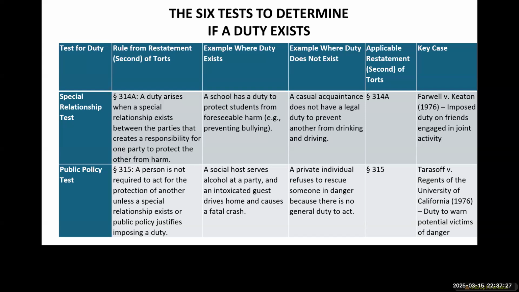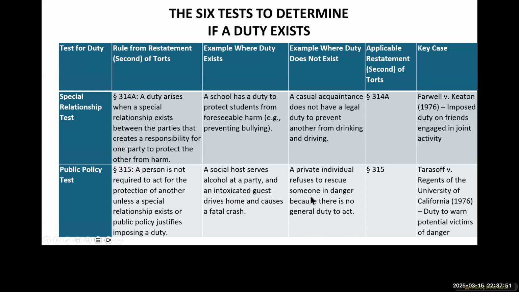But what's going on with public policy? One of the best examples for a public policy argument is the Kelly v. Gwinnell case. I actually put the Tarasoff v. Regents of California, which is good, but we actually read the Kelly v. Gwinnell case.